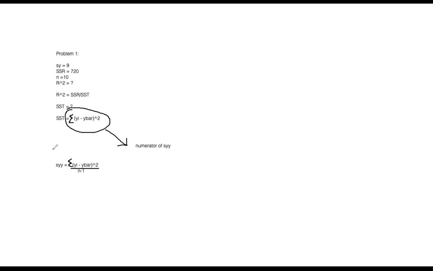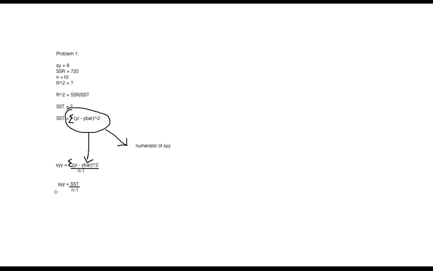Which means that I can actually rewrite the SYY formula in the following way. SYY is equal to SST divided by n minus 1, right? So I can just simply rewrite the SYY formula that way.